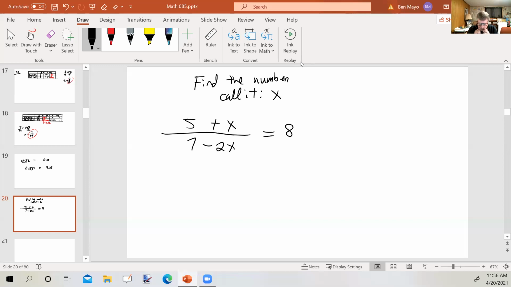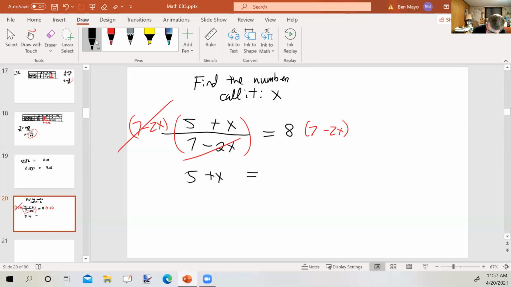Yes. All right. So now we're going to solve for X. This is an equation with a fraction. The LCD is going to be 7 minus 2X. So on the left side of the equation, the 7 minus 2X is reduced down, giving me 5 plus X. And on the right side, I get 56 minus 16X. Any questions there? Nope. I'm going to solve for X on the left. So I'm going to add 16X to both sides.